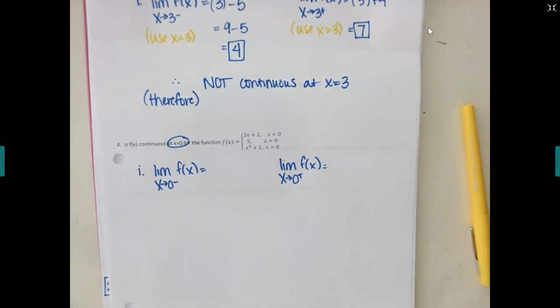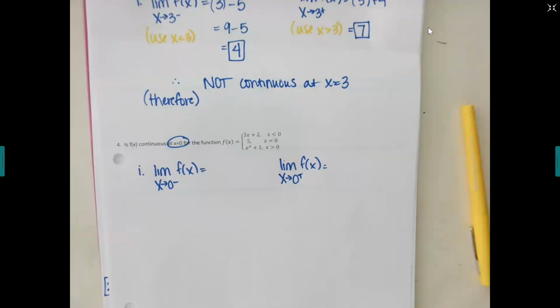That's not 3 parts. And then greater than. That would be your f of c. What is 0? Remember, anything to the 0. So for this part, what are we plugging into?